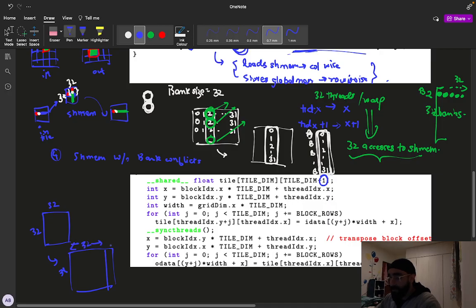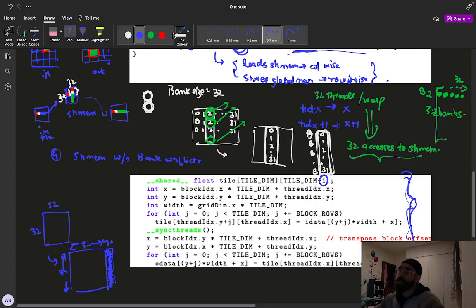This is 32 and this is 1. And this is just dummy. We just work on the 32 cross 32 region of shared memory. As you can see here, this code remains entirely the same.